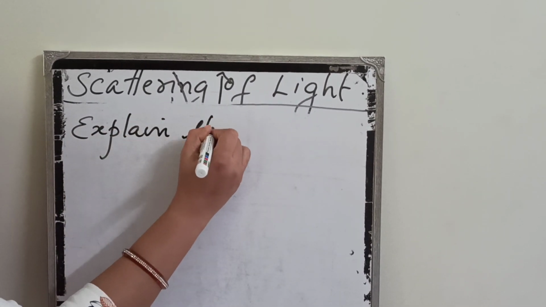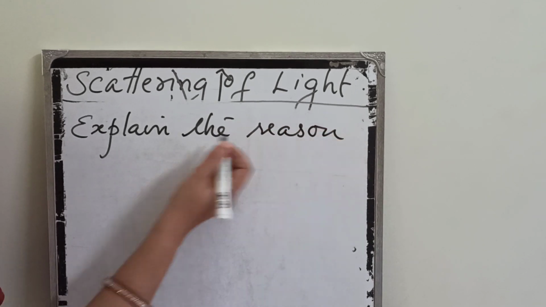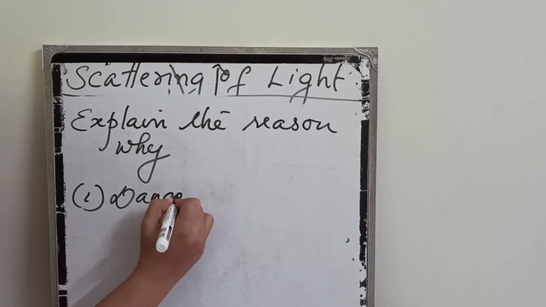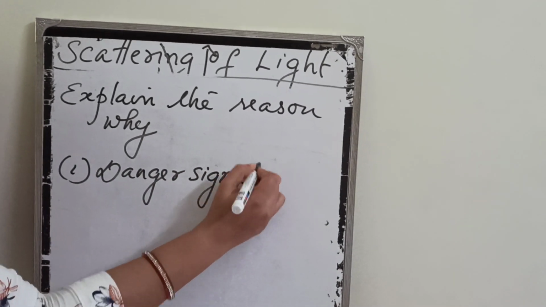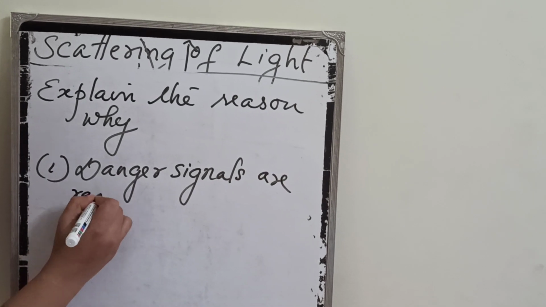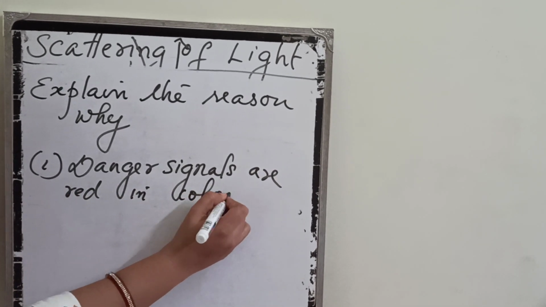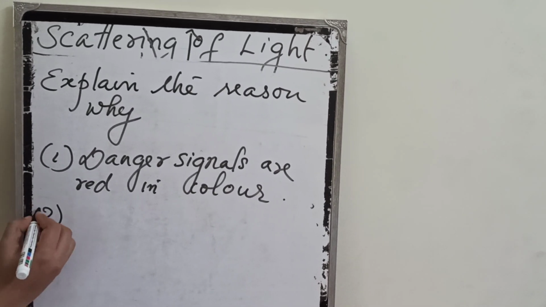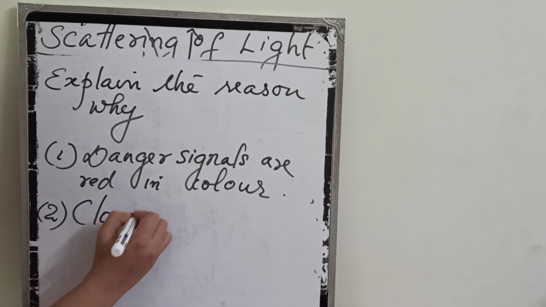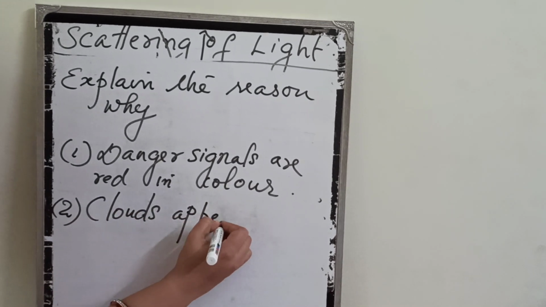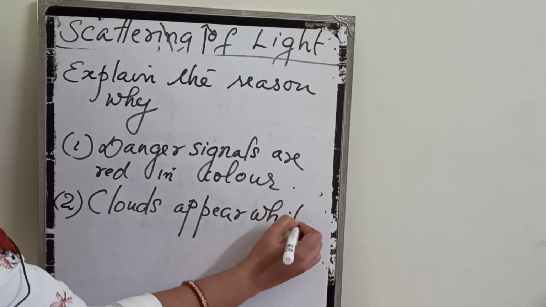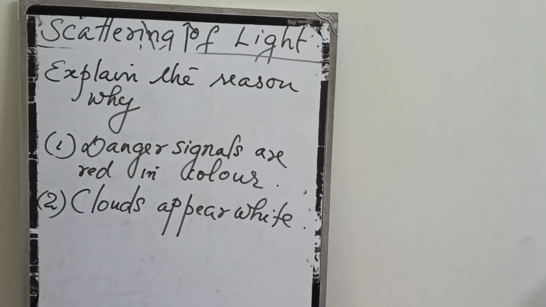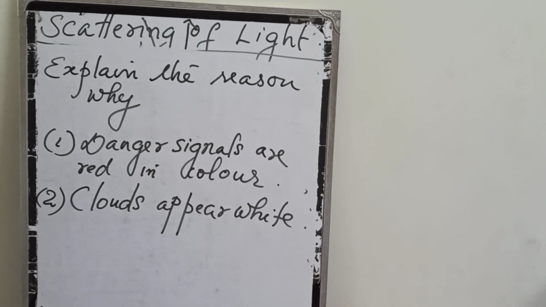Explain the reason why danger signals are red in color. Number 2, why clouds appear white.